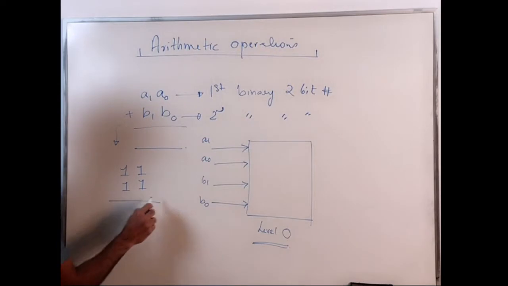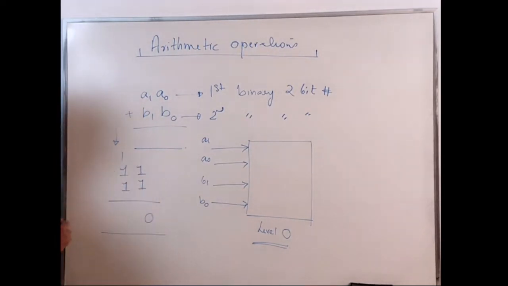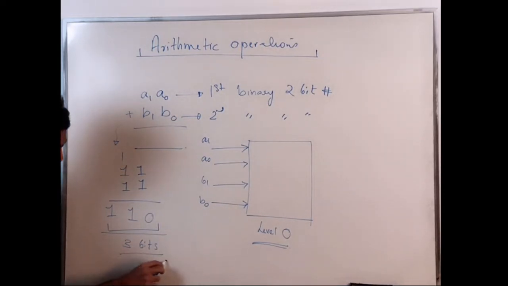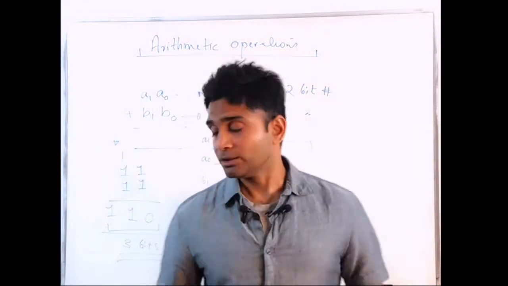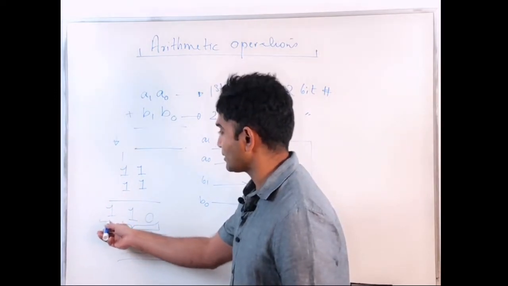If I add these two together, how many outputs would I have? 1 plus 1 is 0. 1 plus 1 plus 1 is 1 with an output carry of 1. So I need to have at least 3 bits as output. 2 for sum, and that's the end carry or the carry out.